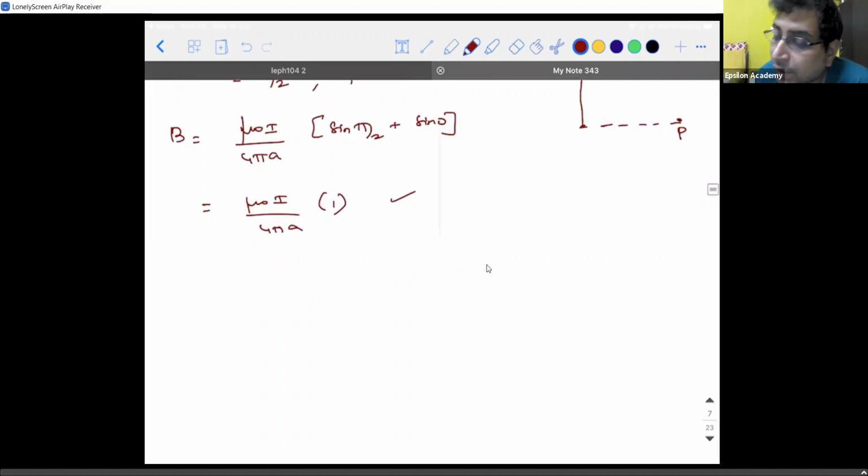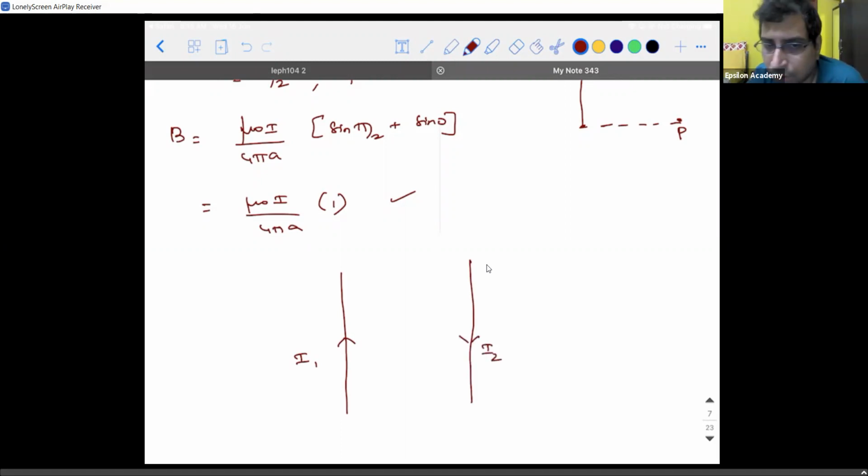Next, I want to do a simple problem before winding up the session. Suppose I have a conductor of infinite length and another conductor, also of infinite length, placed parallel to each other but carrying currents in the opposite direction.